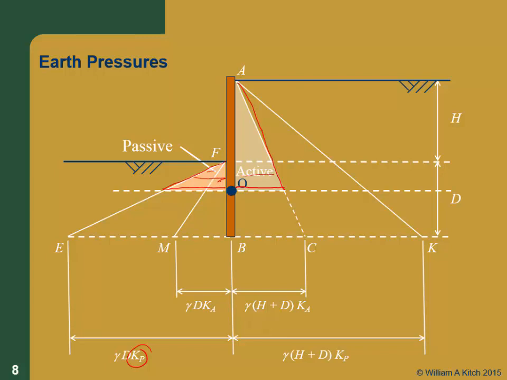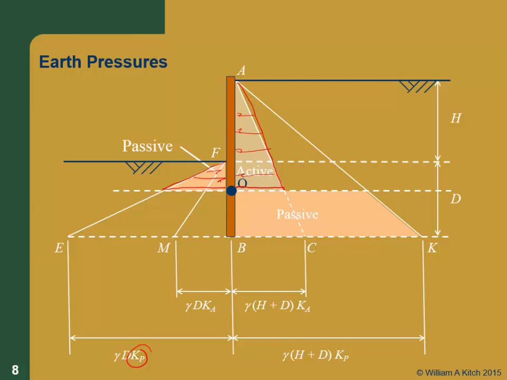Obviously, the passive force is going to be to the right, and the active force is going to be to the left. Now, what happens below O? Well, below O, behind the wall, I've got passive forces, right?